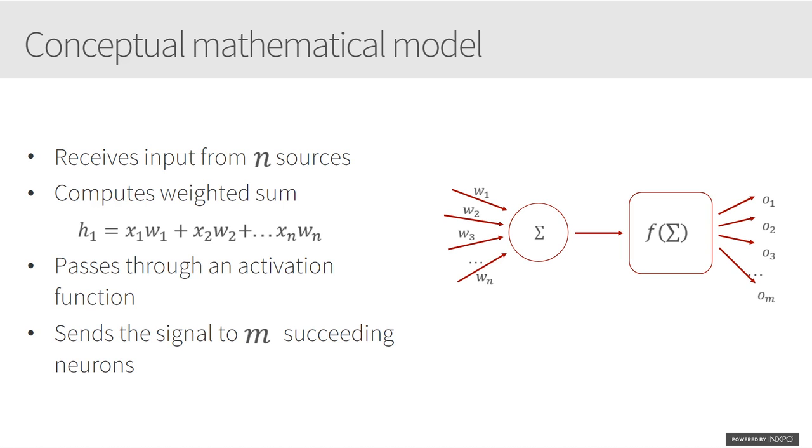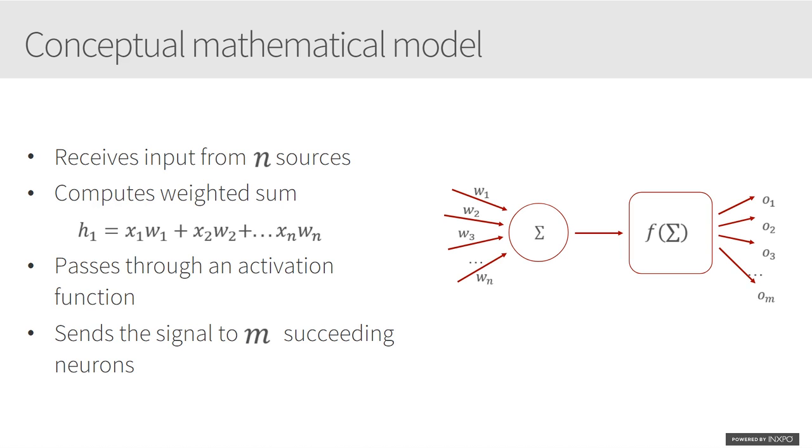The conceptual mathematical model basically is this. We receive input from n sources, okay? If you look at the graph here on the right, the neuron, artificial neuron or node, is basically receiving a bunch of sources, okay? The computed weighted sum is basically what's calculated here.